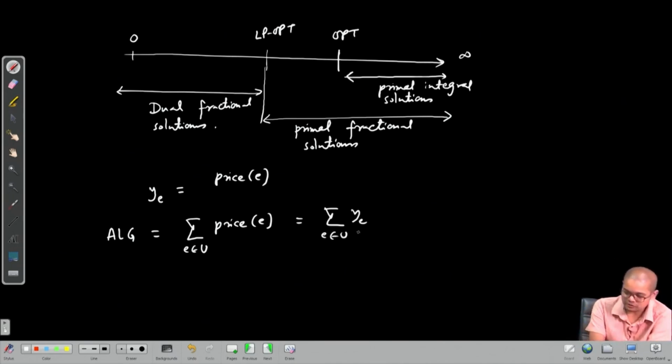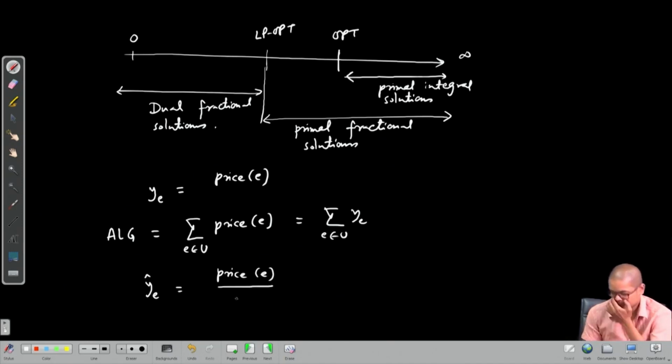But this will be, it is easy to check that this will be an infeasible solution. So, what we define is that we define ye hat as price of e by H of n, the nth harmonic number.